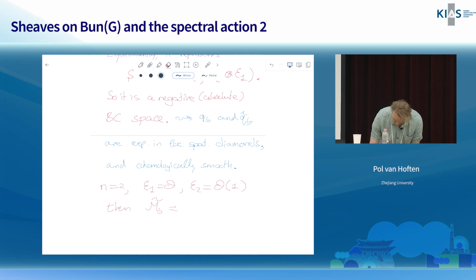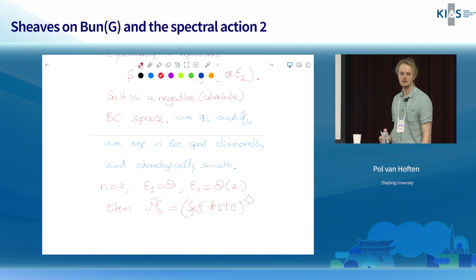So I take the formal spectrum of, so K, this was my algebraic closure of F_p bar, in one variable, and I take the diamond associated to this.